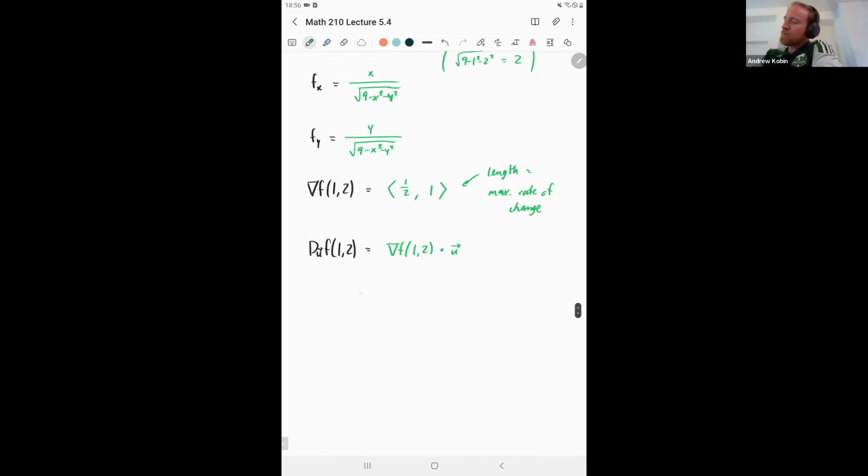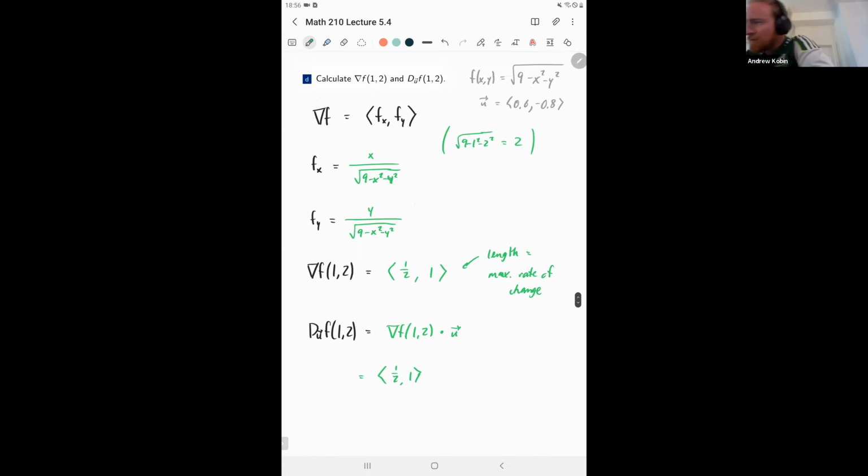The gradient vector we just computed to be (1/2, 1). And sorry, I feel like I did something wrong. I'm missing minus signs. That is good to record. So I actually have a -1/2 and a -1.